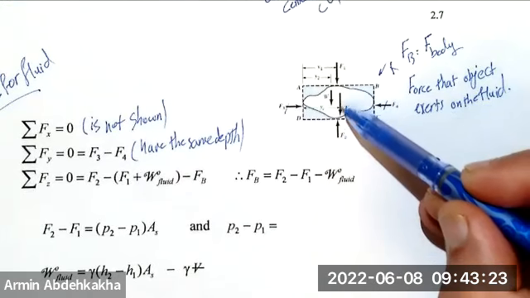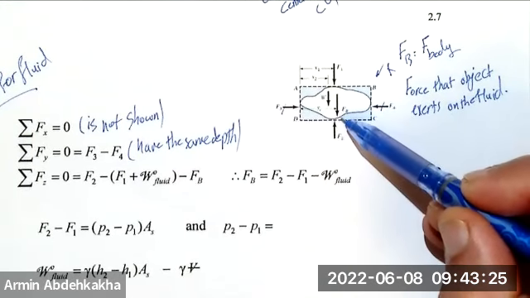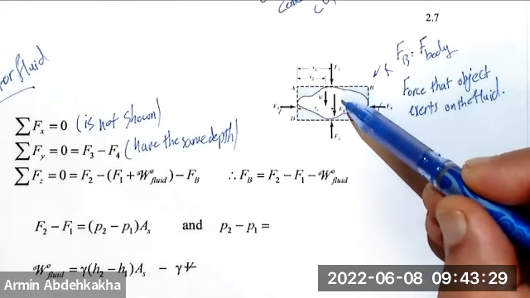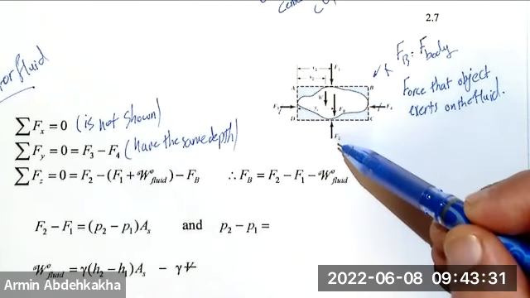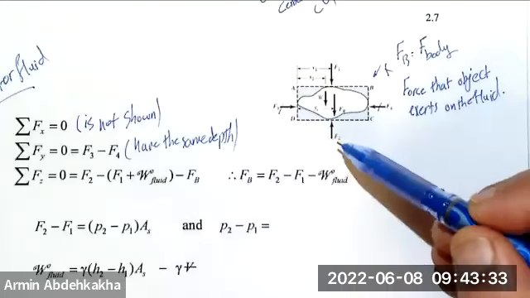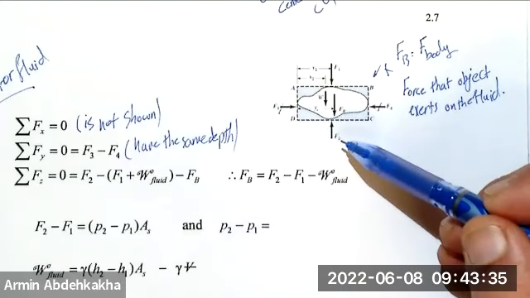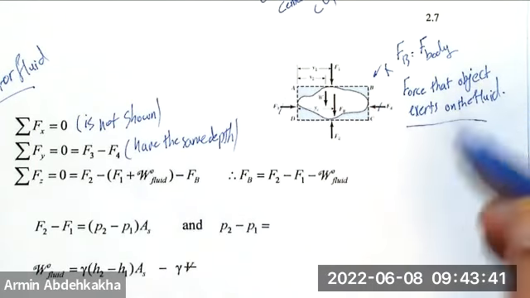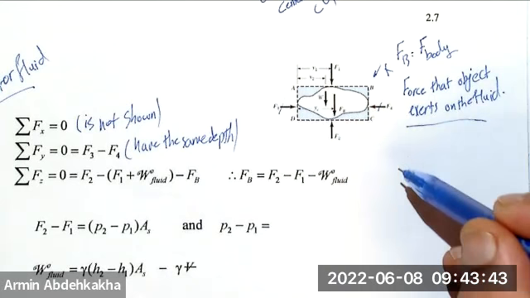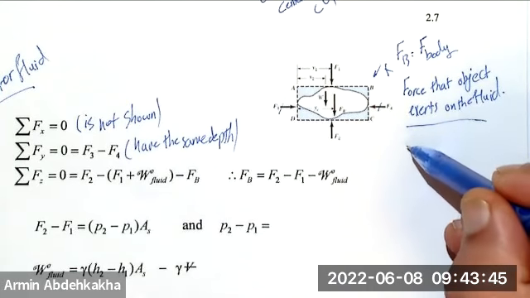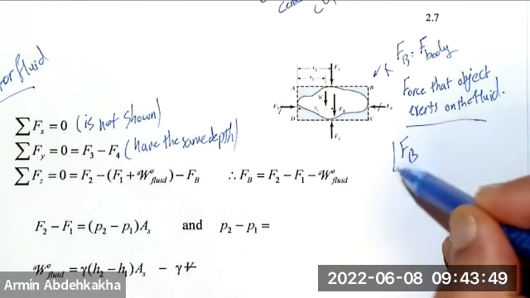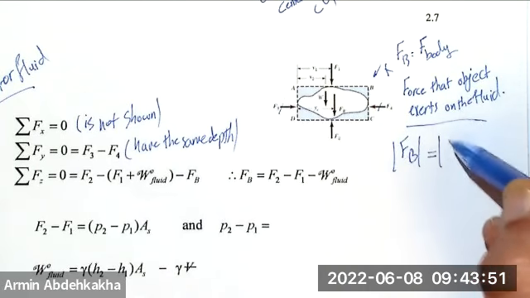And you know, because of Newton's third law, the force that the object exerts on the fluid is equal in magnitude but in the opposite direction to the force that the fluid exerts on the object, right? So the force that the fluid exerts on the object is the buoyant force. These two have to have the same magnitude.